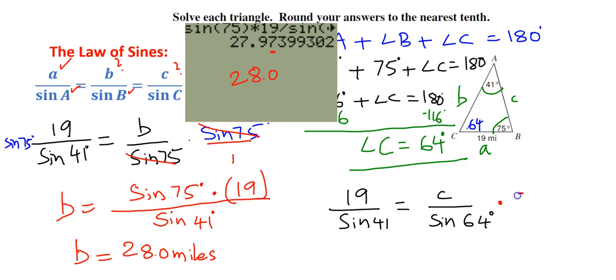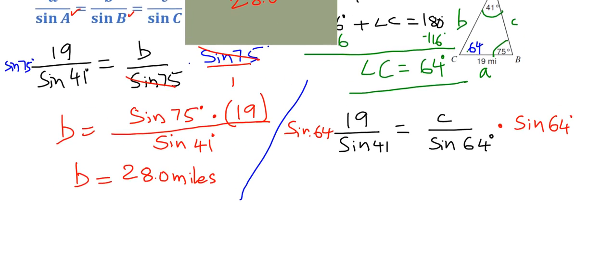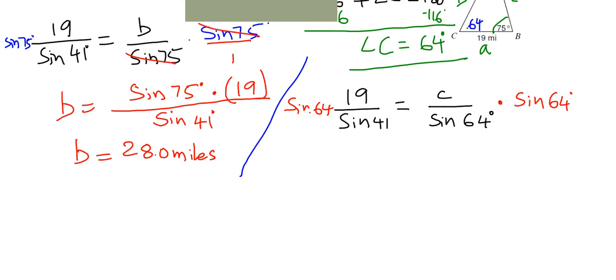So on the right hand side, and on the left hand side, also multiply by sine 64. Now sine 64 and sine 64 are gone.